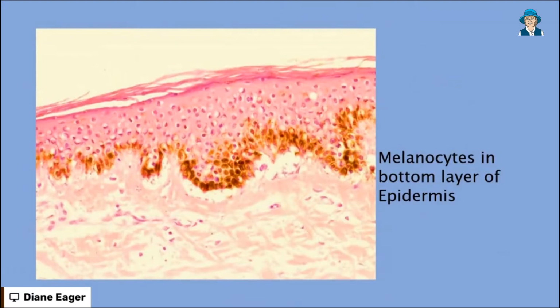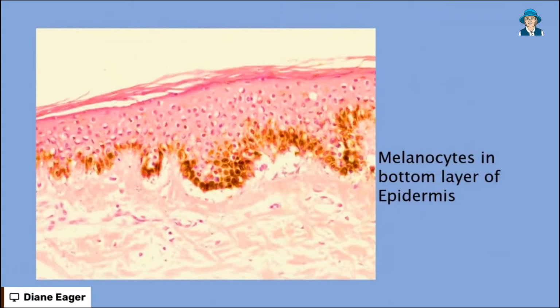They sit in the bottom layer, and there's an important reason for that: the epidermis is constantly being remade. So in that bottom layer, you've got a whole lot of cells which are reproducing, which means they are copying the DNA in those cells. And so those cells need to be protected from the sunlight, from the outside world, from radiation. And that's the function of melanin.